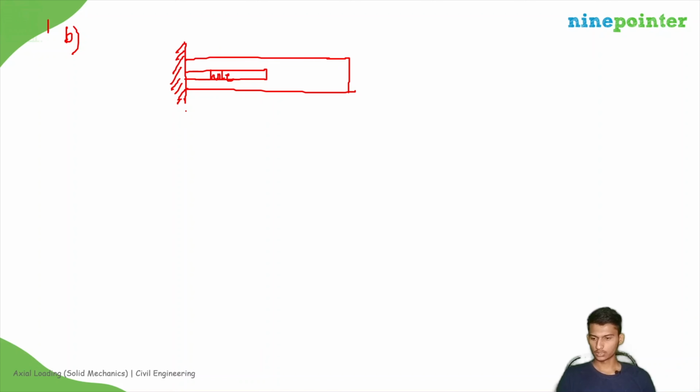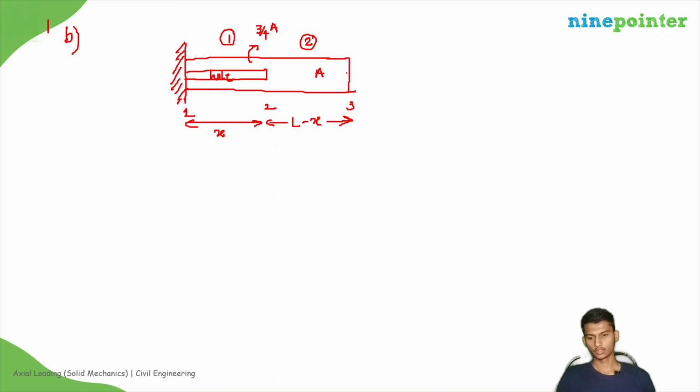This is segment 1, this is point 1, this is point 2, this is point 3. This is segment 2, this is segment 1. This is of distance x. This is L minus x, right? This has area 3 by 4 A. This has area A. Here P by 2 is applied. Here P is applied.